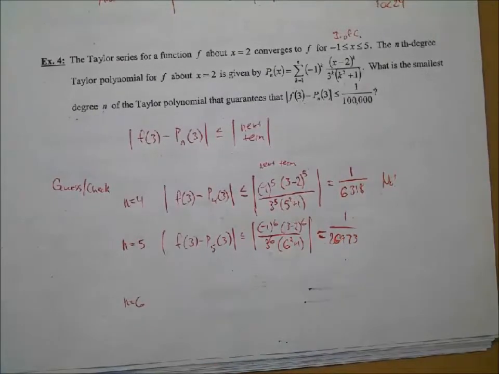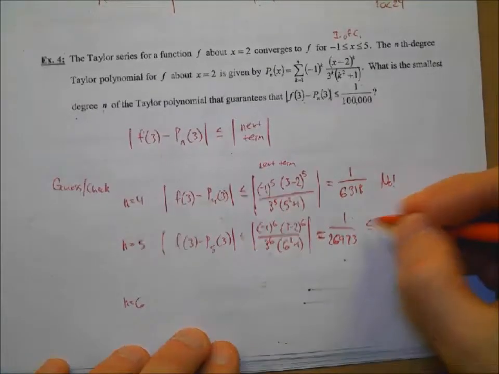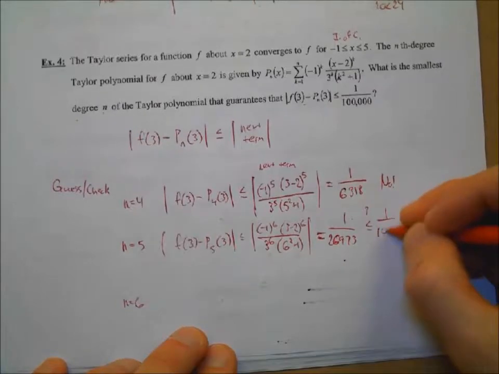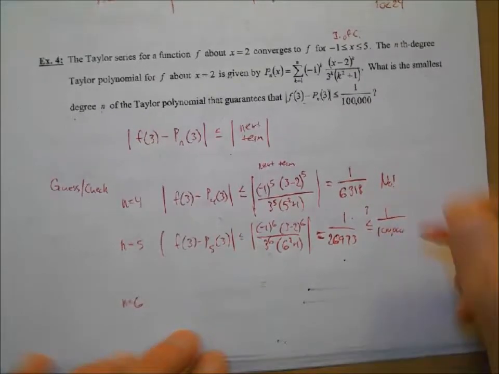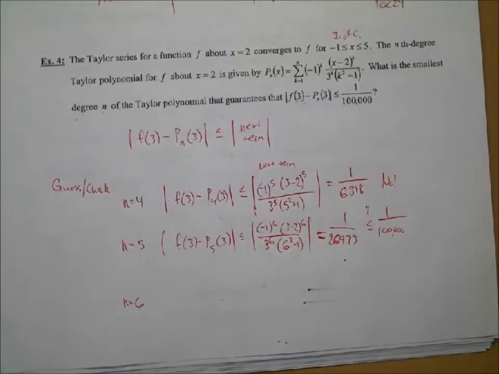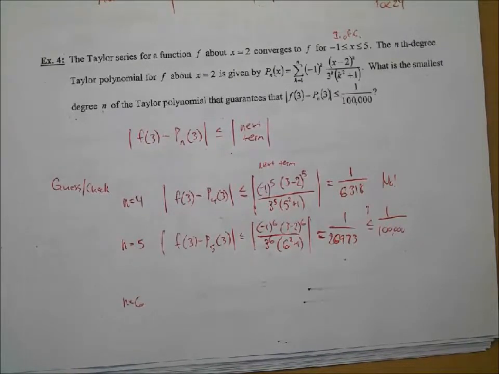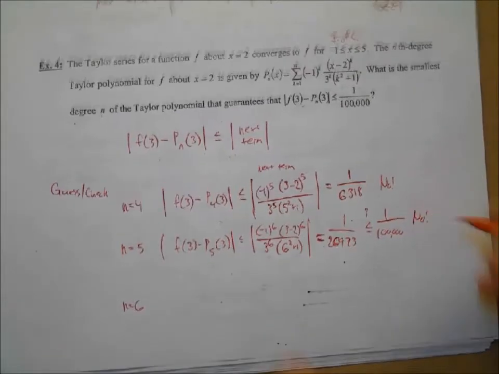Which again, is that less than or equal to 1/100,000? No, right? That denominator is not quite there. That fraction's going to be too big, too much error. So no.